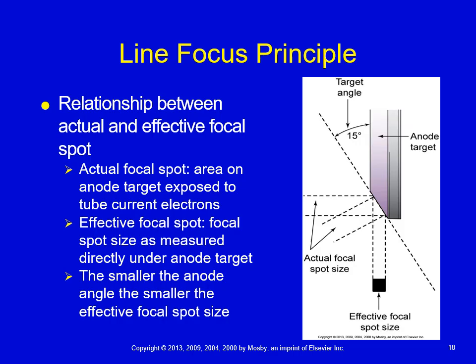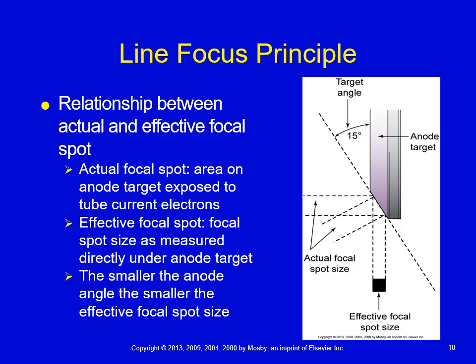Now, the line focus principle was initially incorporated into the X-ray target, especially when we had the stationary anode, but here, as you can see, all of our anode targets are angled. So before the invention of the rotating anode, because of the heating effects produced when using that small focal spot, this is where the line focus principle came into play.